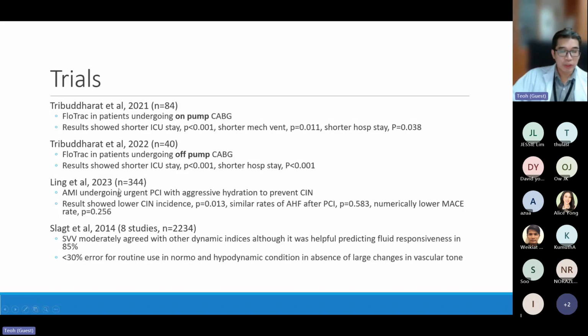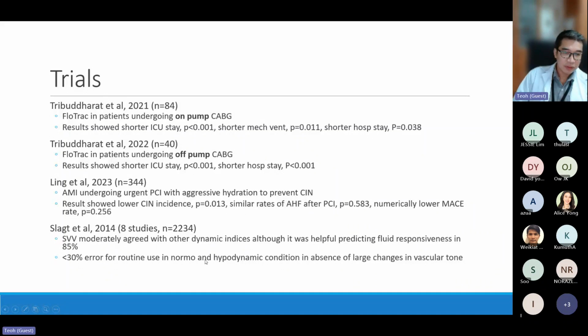And Ling et al. in 2023, 344 AMI patients undergoing PCI, they used the hemodynamic FloTrac to give the patients aggressive hydration to prevent contrast-induced nephropathy. And it showed that with this advanced hemodynamic monitoring, you can lower the contrast-induced nephropathy significantly.